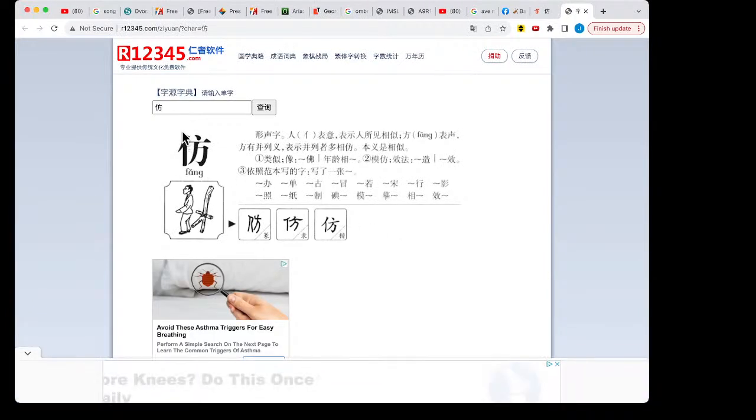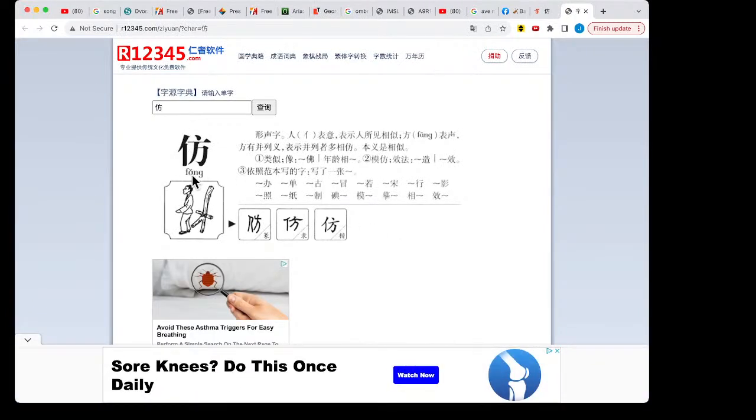So this one has a person on the side, and then the 方 on the right. 方 has the meaning of standing on the side.